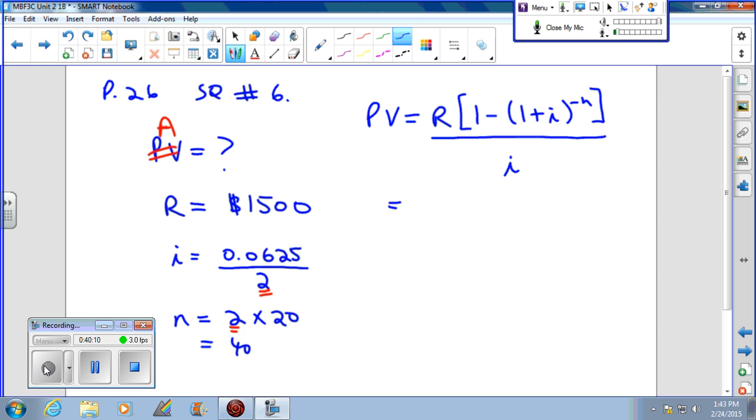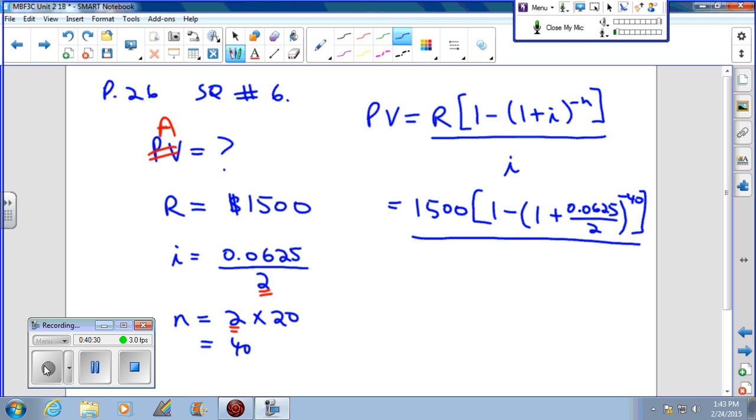All right, well, let's try again. 1500, 1 minus, 1 plus i, which is 0.0625 over 2. The good news is that it wasn't the numbers, it was the formula, so the numbers were all correct. I'm going to crank that through my calculator again. 0.0625 divided by 2 plus 1, taken to the negative 40.